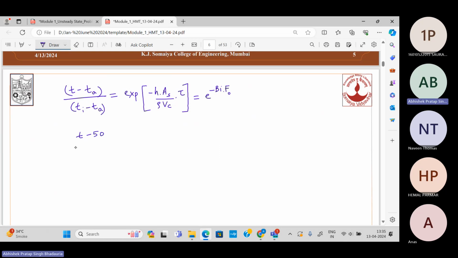Okay, and it is equal to e to the power minus hAs. The value of h is 200, so minus 200 into the calculated value of, okay, we can put all the values.